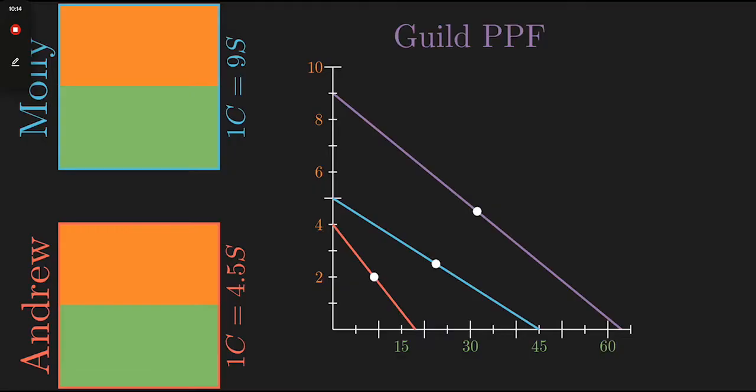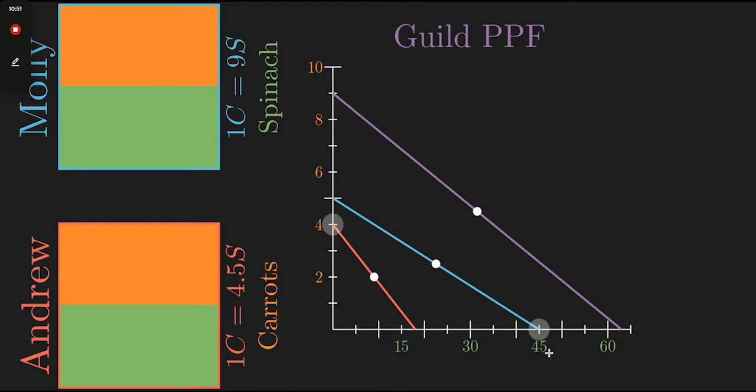Okay, but Molly, being the clever farmer she is, and having taken some economics in college, realizes maybe there's something to the idea of opportunity cost. So we're going to list out Molly's comparative advantage, which is spinach, and Andrew's comparative advantage, growing carrots. And Molly, thinking about costs, says, what if we try to minimize our opportunity cost?